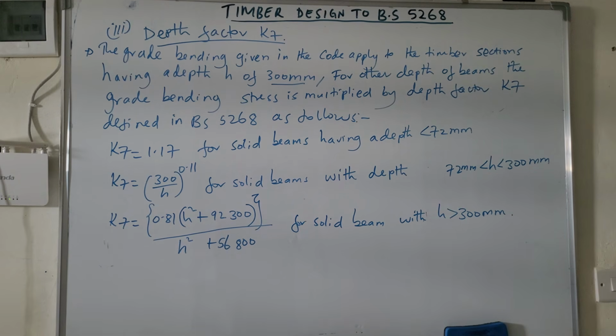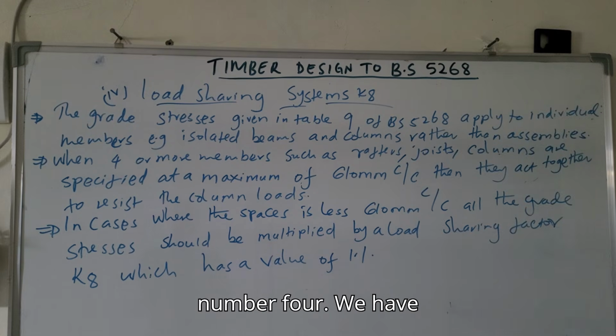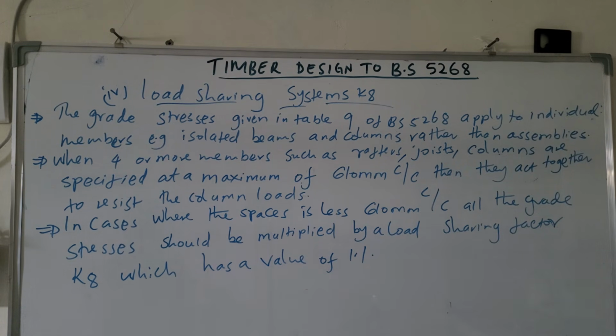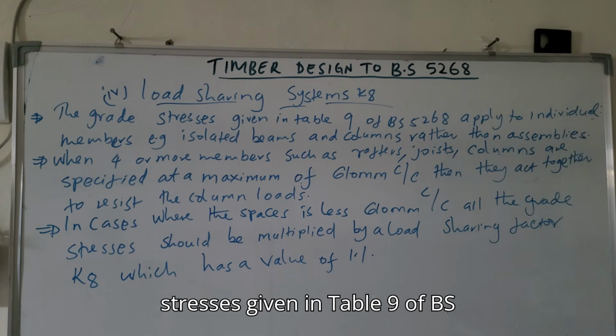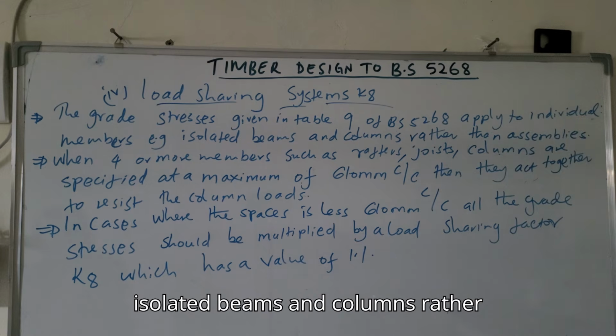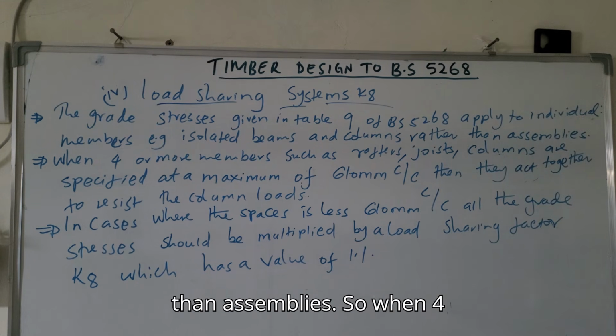Modification number 4, we have the load sharing system, that is K8. The grade stresses given in table 9 of BS 5268 apply to individual members, for example isolated beams and columns rather than assemblies.